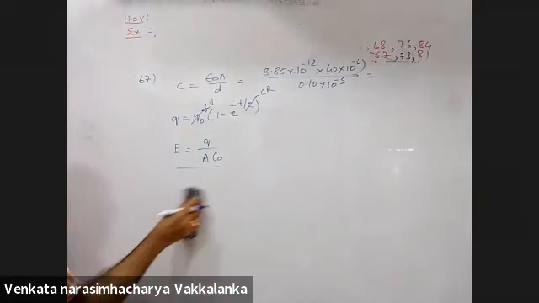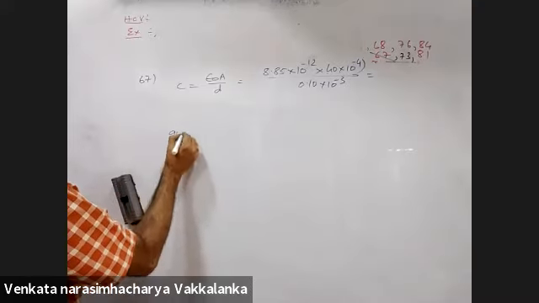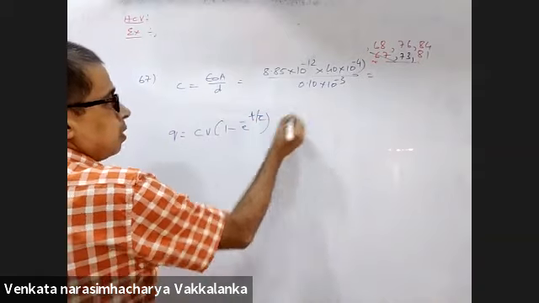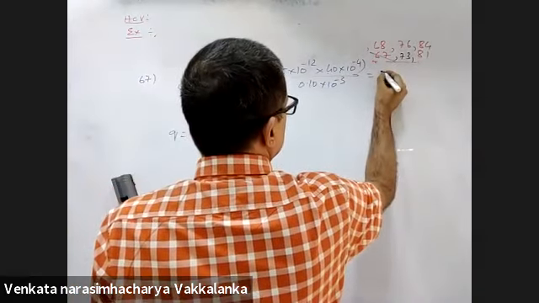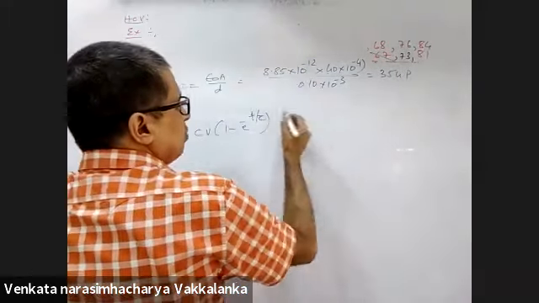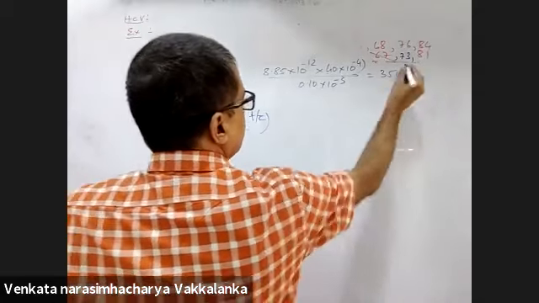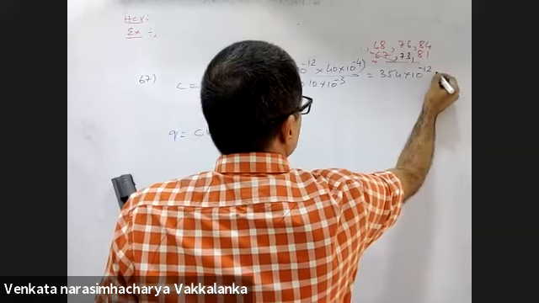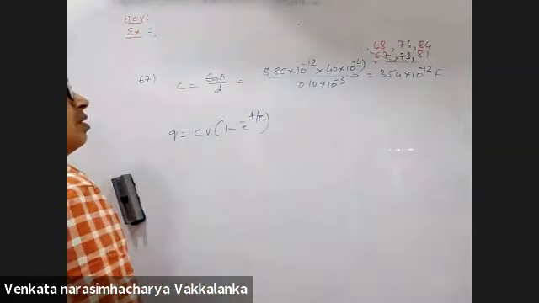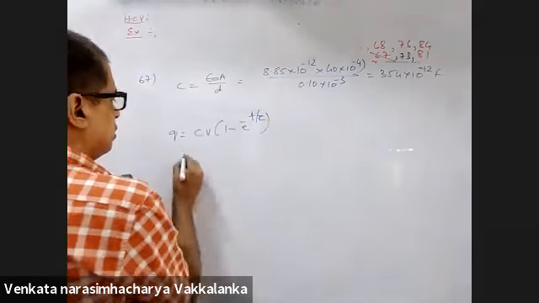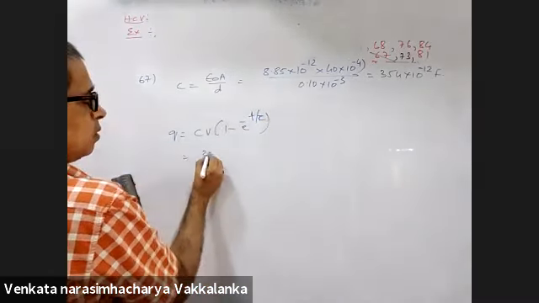Tell me the value of capacitance. 354 picofarad. Where will pico come from? 10 to the power minus 12. No? 354 into 10 raised to minus 12 farads. Yes, sir. Correct? 354 into 10 raised to minus 12 farads.